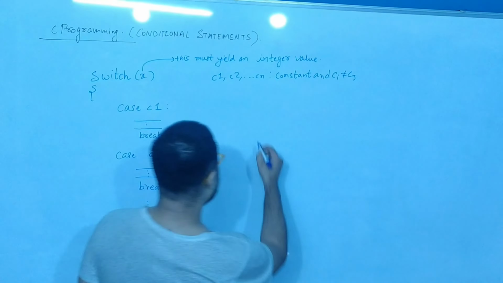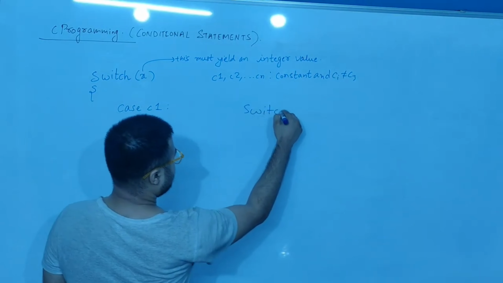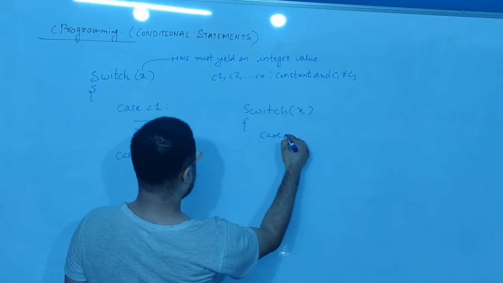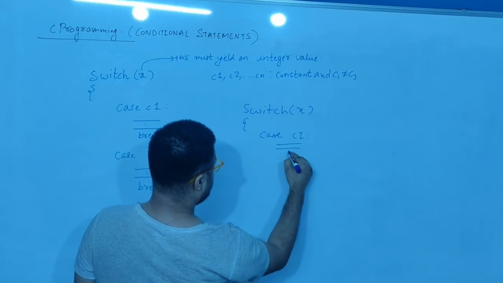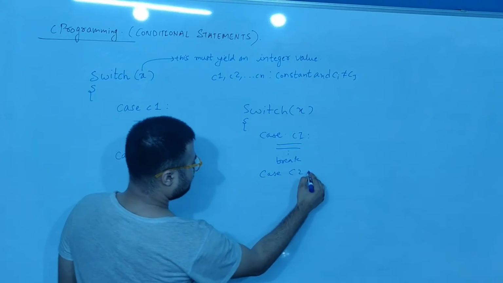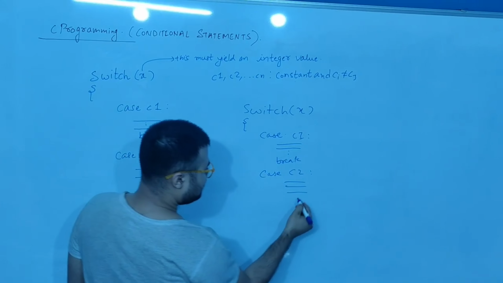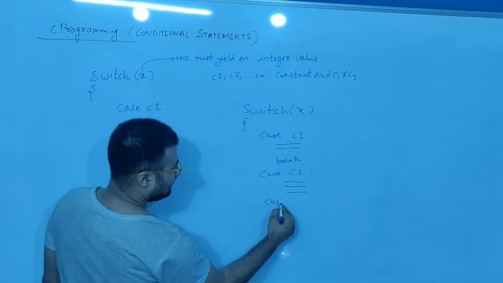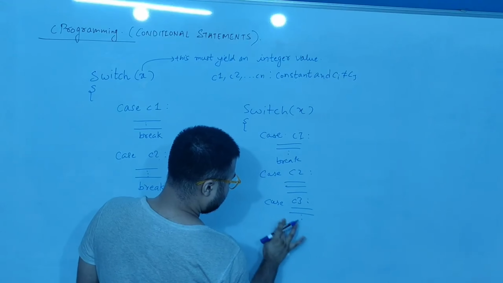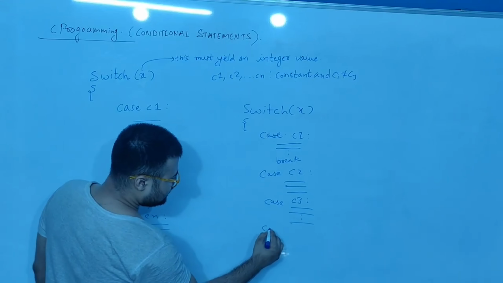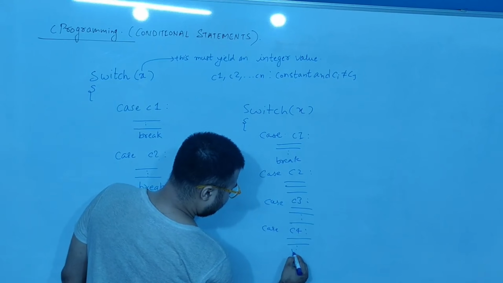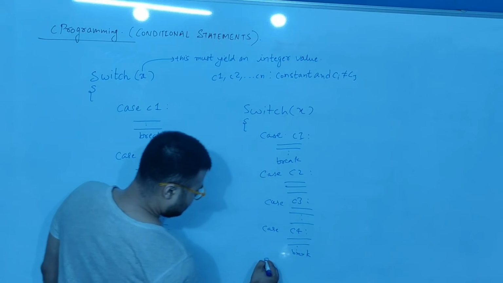So if you have something like this: switch X, case C1, break, and case C2, and you don't have break here, case C3, you don't have break here also, and let's say case C4, and here you have break, and then default.